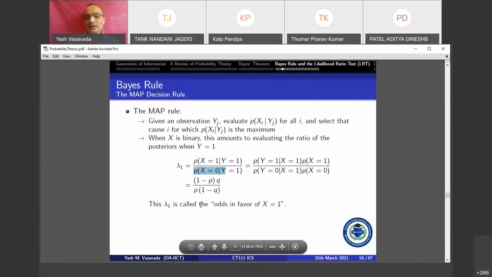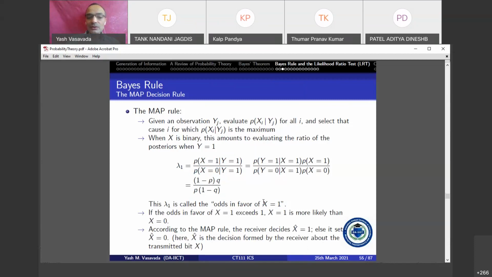And that loosely in English wording is called odds in favor of x is equal to 1. And so if this ratio lambda 1 is greater than 1, it means that the posterior on x is equal to 1 is greater than the posterior on x is equal to 0. And so you will say that I will decide that the transmitted bit was 1.